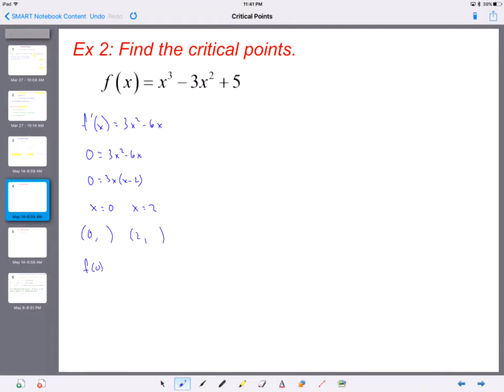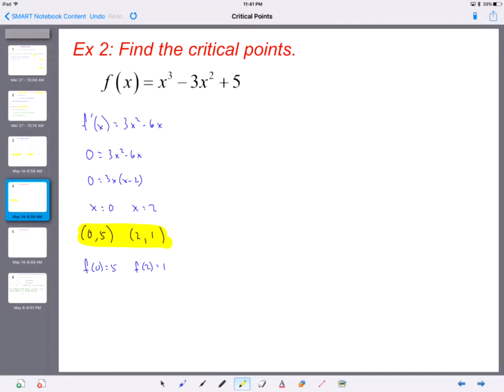So we plug in f of 0, and if you did that, you would get 5. And then you would plug in f of 2, and if you did that, you would get 1. So here are our relative extrema, 0, 5, and 2, 1.